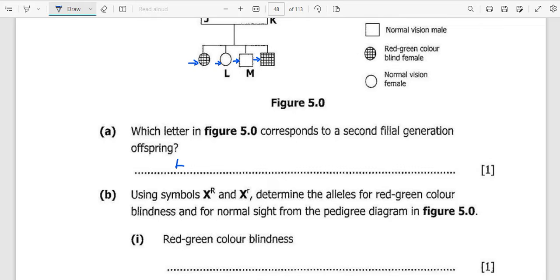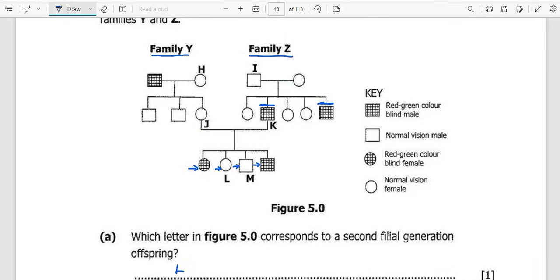So determine the alleles for red-green color blindness and for normal sight from the pedigree diagram in figure 5.0. So for red color blindness, when you look here, this is a male. We can write, male is XY, meaning this one is color blind.